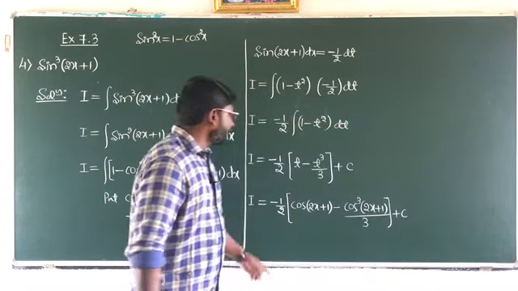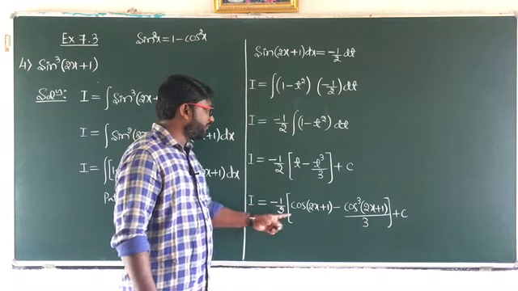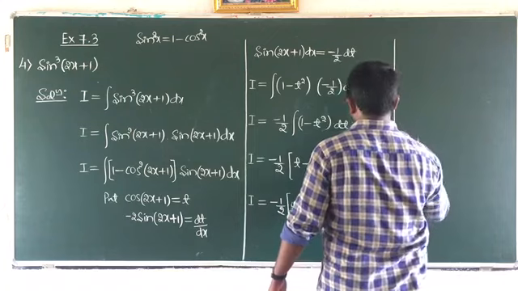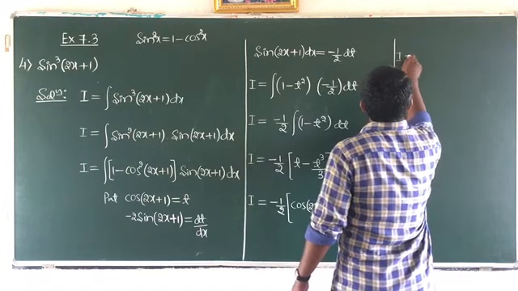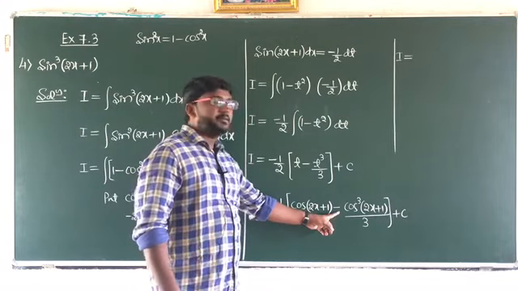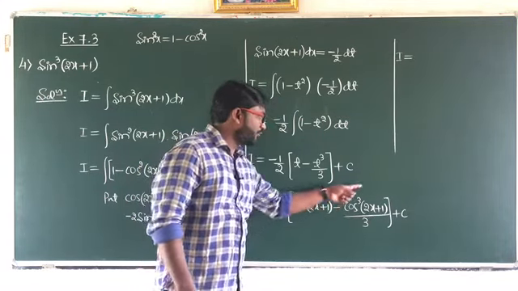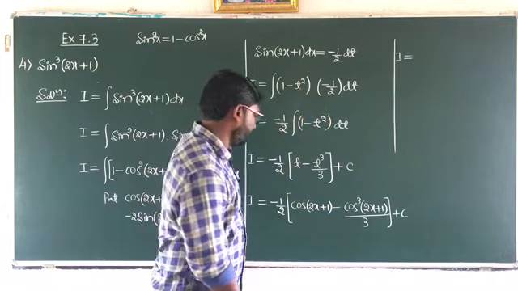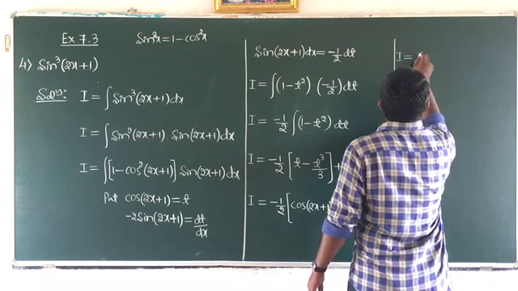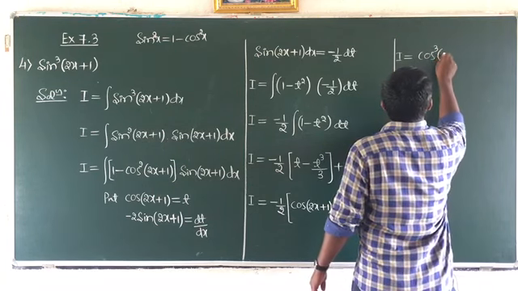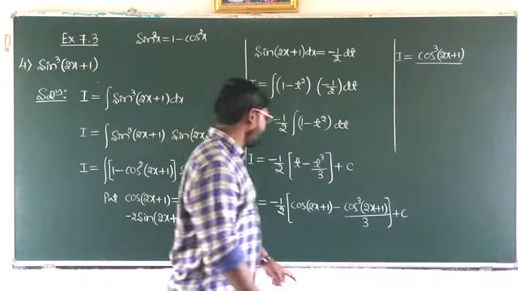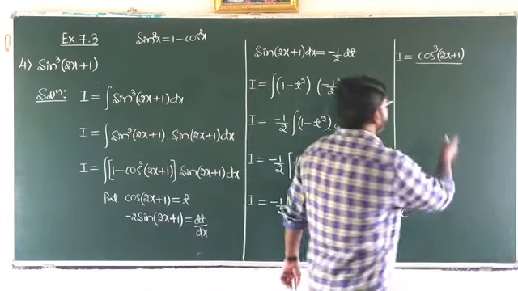So in the next step we can multiply this minus 1 by 2 with these two terms. So see here, I is equal to, so minus into minus will be plus. So I write this positive term first and then we'll write the negative term. So we get cos cube 2x plus 1 divided by 2 into 3 will be 6.